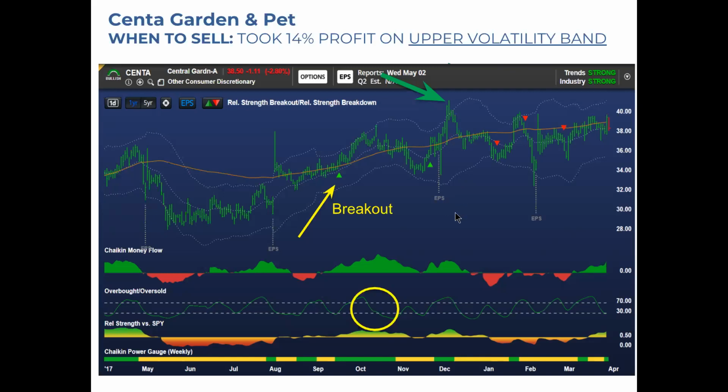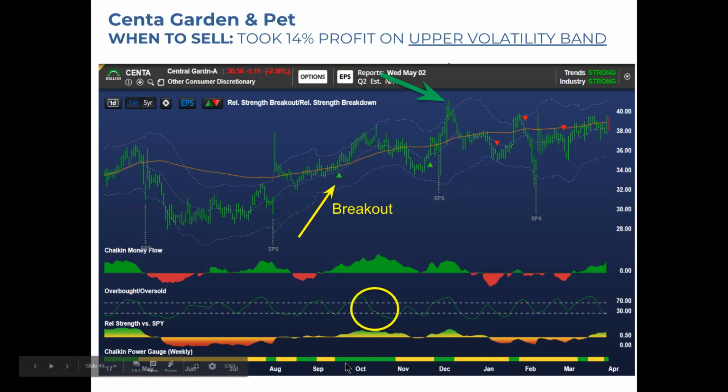So this is one of these small cap stocks that I profited from very nicely in 2016, I think, and again in 2017. And here's what I did. So I had this on my watch list. I got a relative strength breakout buy right in here in September of this last year, and bought the stock at 35.